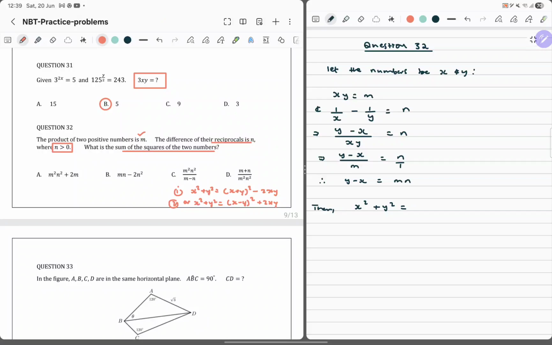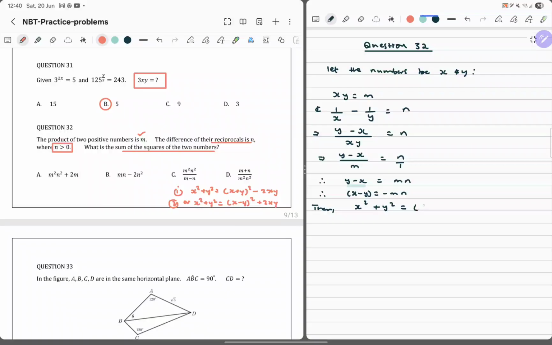Now, which one is going to work in our favor? So we've got this guy, a difference of these. In fact, we can even attempt to create that. So we can say, therefore, if we pull out a negative, it's going to be x minus y is equal to minus mn. Right, this is when we pull out a negative and divide by it throughout. So that would be nice.